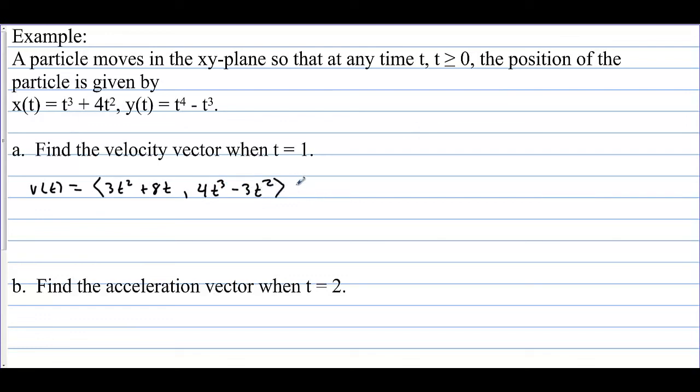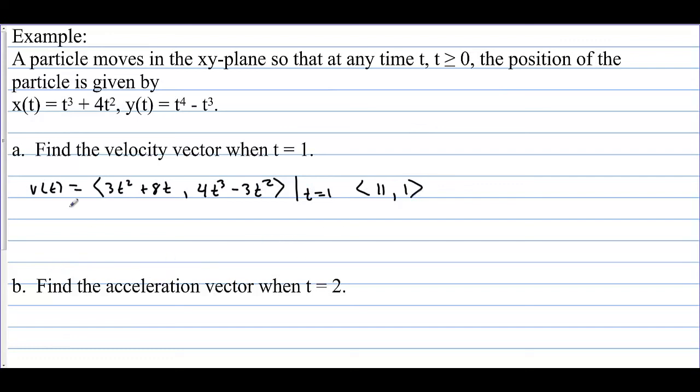And we're going to evaluate this when t is equal to 1. So the velocity vector when t is equal to 1 is, let's see, we have 3 plus 8, that's 11. And if we plug 1 in here, we get 4 minus 3 is 1.